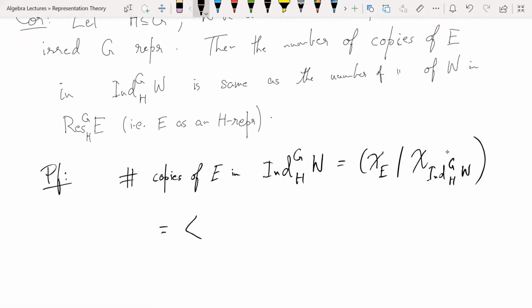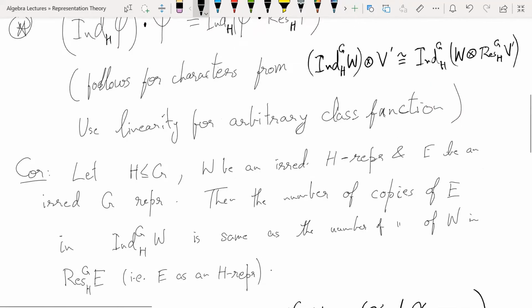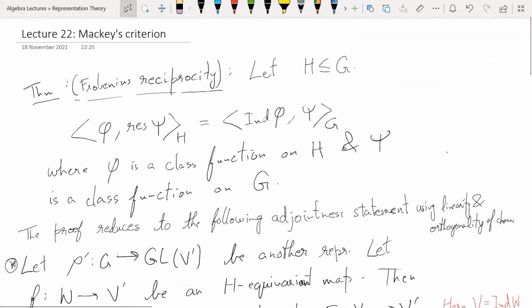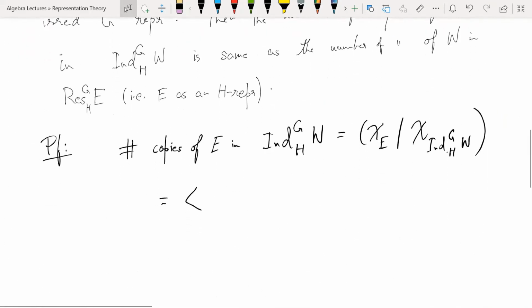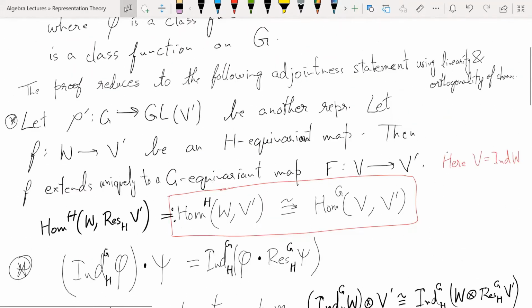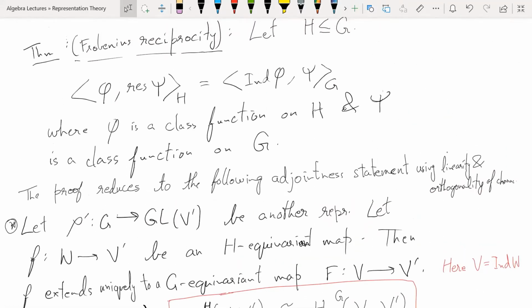Of course, we are dealing with characters, so the two pairings agree. You can write this statement with respect to either pairing, because for characters the two pairings are the same.